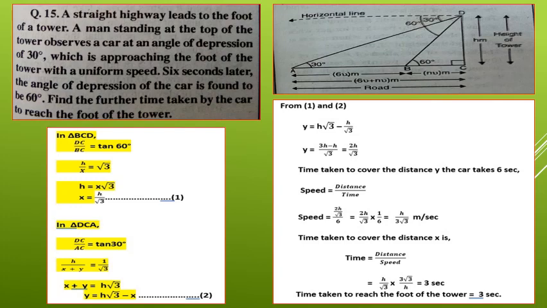Our distance is H by root 3 and speed is H by 3 root 3. So when we divide, we get H by root 3 into 3 root 3 by H is equal to 3 seconds. The H gets cancelled, root 3 gets cancelled, and 3 is remaining. So the time taken to reach the foot of the tower is 3 seconds.